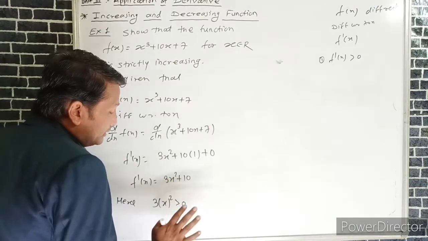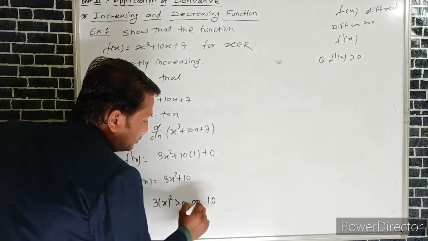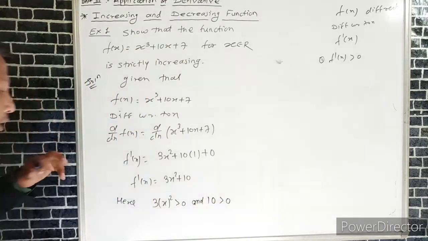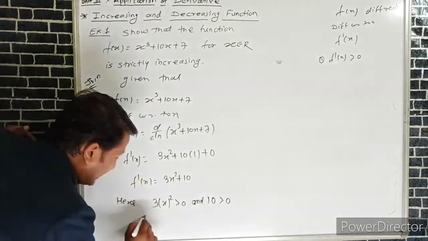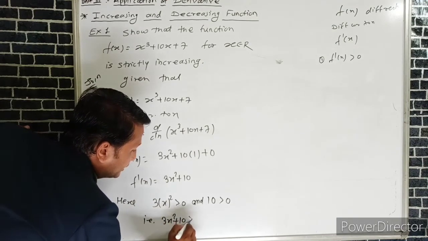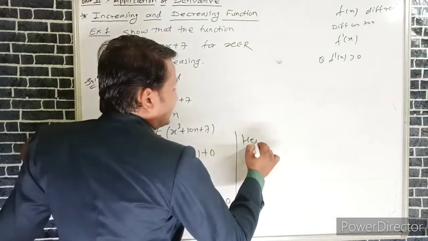Again, 10 is also a positive number, so 10 is also strictly greater than 0. Hence we can say that the whole function 3x square plus 10 is also strictly greater than 0.